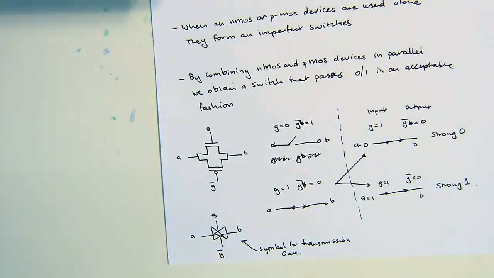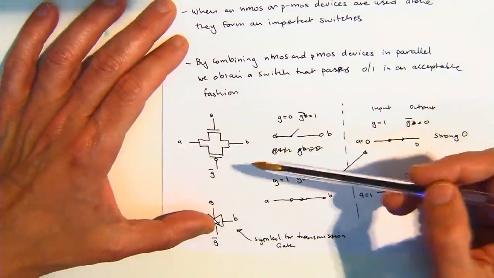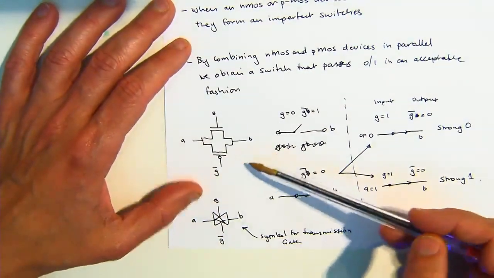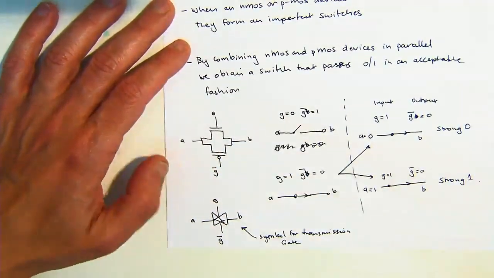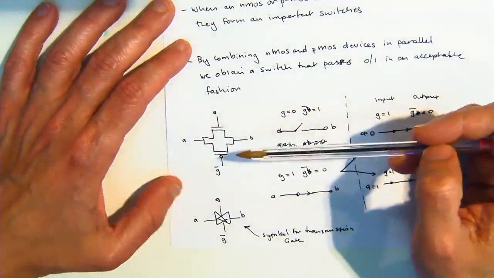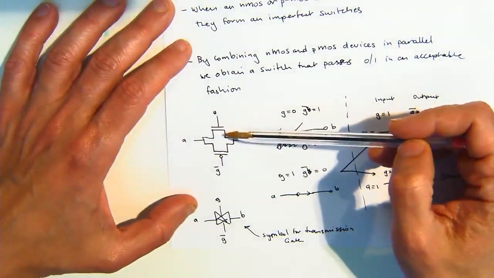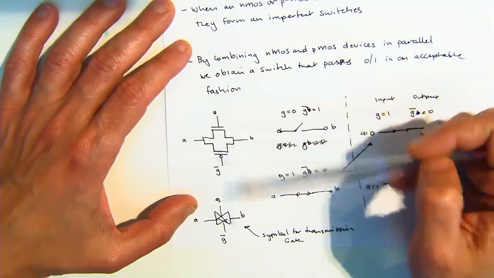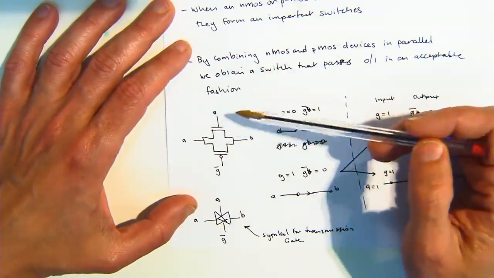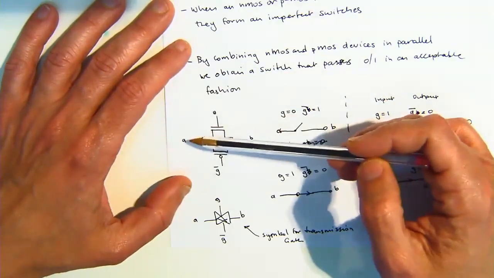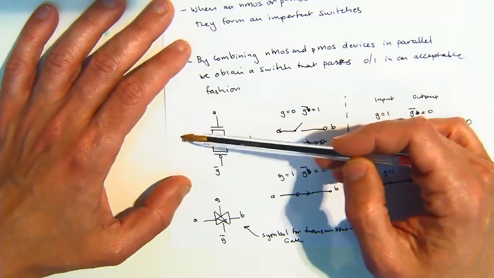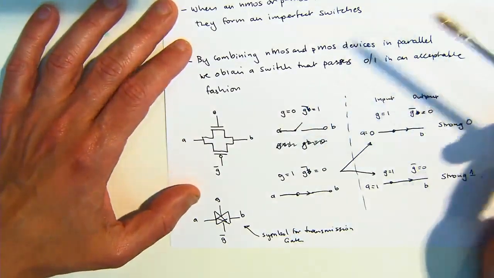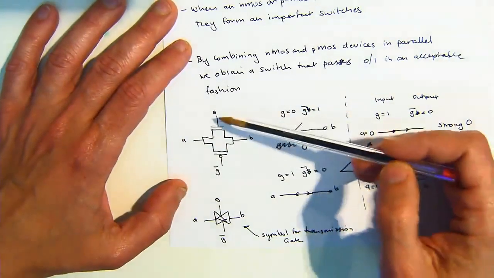Essentially, what we're showing here is that in order to build a transmission gate, to be able to pass both a low and a high signal, we put a PMOS and an NMOS device in parallel. Depending on when we want to transmit the signal A to B, we control the gate signal.